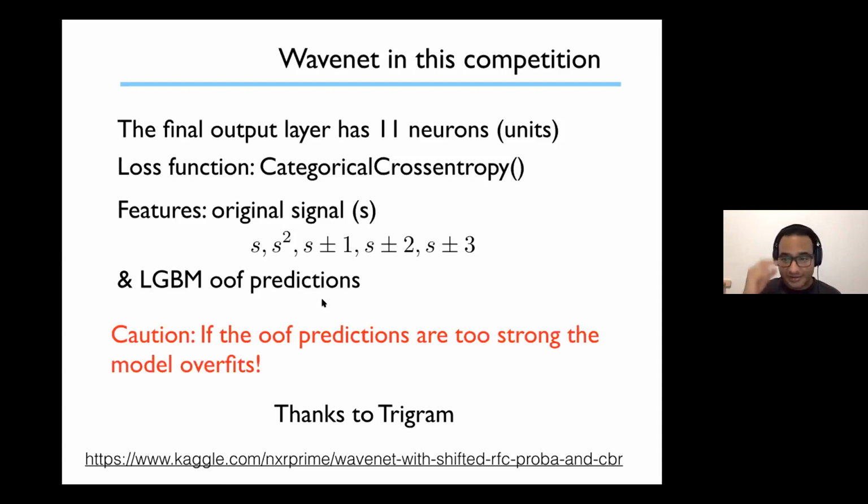And then a caution, and this is what I think, I can't be certain, but I think a lot of our competitors actually got hurt in their final scores because the out of fold predictions that they were feeding in were simply too good. So imagine it in the following way. This model has a lot of parameters.